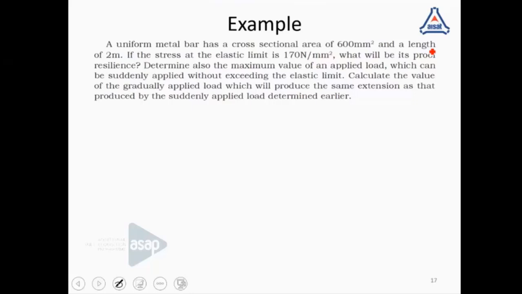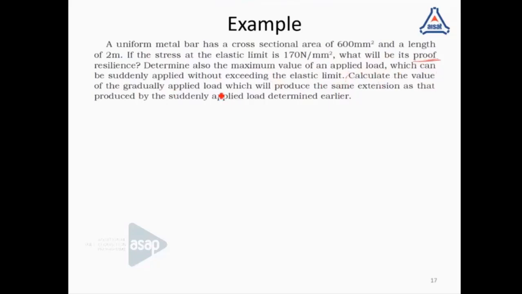Here the cross sectional area is given as 600 millimeters square and a length of 2 meters. If the stress at the elastic limit is 170 Newton per millimeter square, what will be its proof resilience? Proof resilience, you can take it as resilience. Determine also the maximum value of an applied load which can be suddenly applied without exceeding the elastic limit.